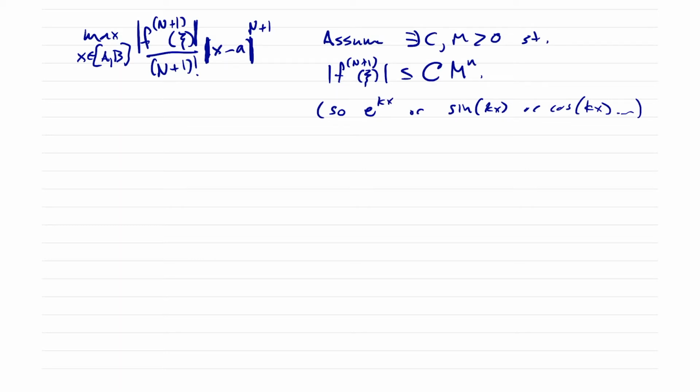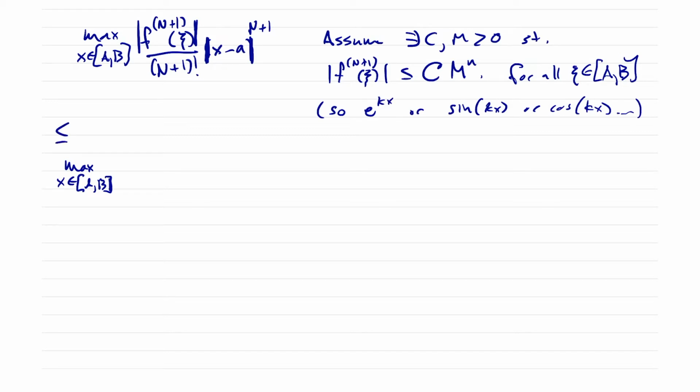Okay. So then what do we see? Well, we have the maximum of x inside of AB. Let's say for all c in AB, just to be explicit. That c was known to live in AB, so we can get a bound on that.